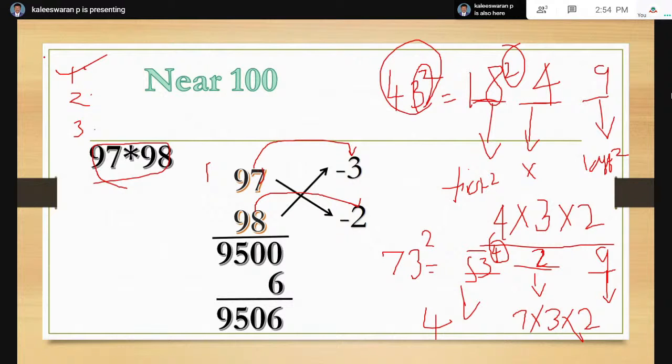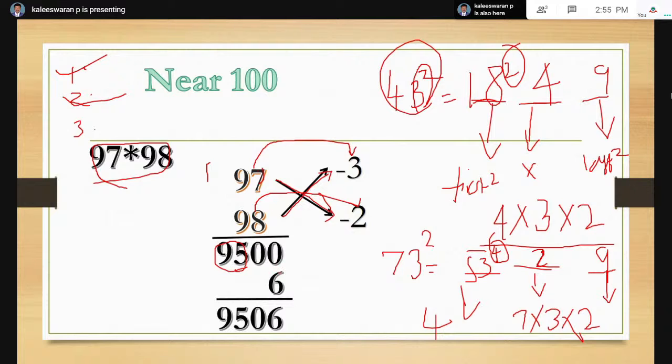And the second step: do the addition in cross direction. 97 minus 2 is 95, and 98 minus 3 is also 95.